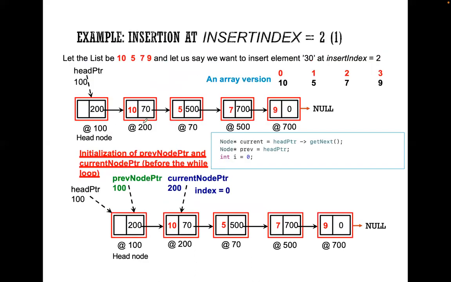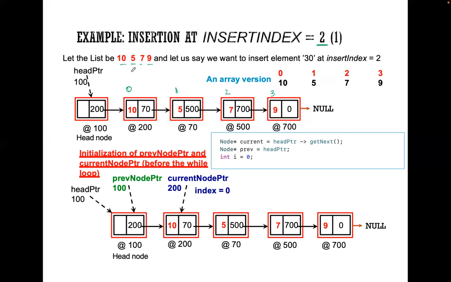So for example, in this list we have 10, 5, 7, 9, and another parameter we need is the position, index 2. In this example index starts from 0 like an array. So this will be index 0, index 1, index 2, index 3.